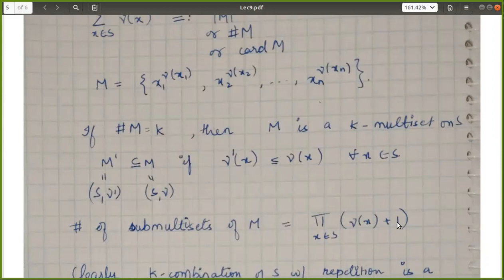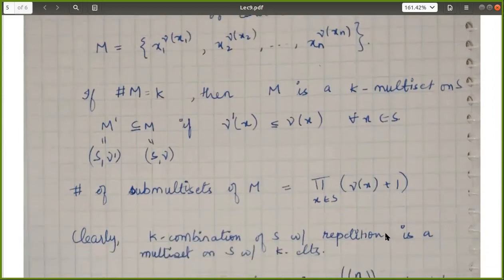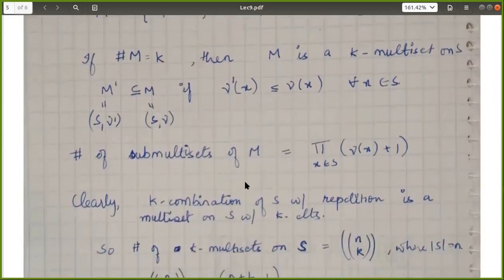So nu(x) plus 1 many choices for each x, and then you multiply all these numbers. So this is the number of sub-multisets of a particular multiset M on the set S.